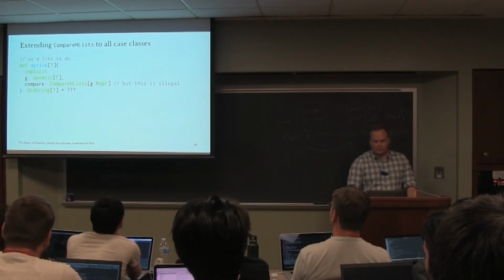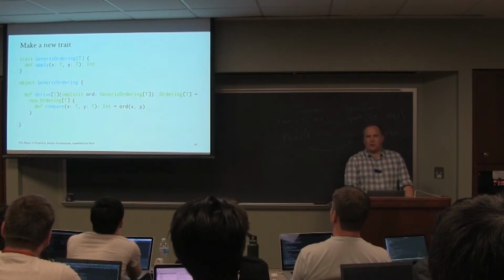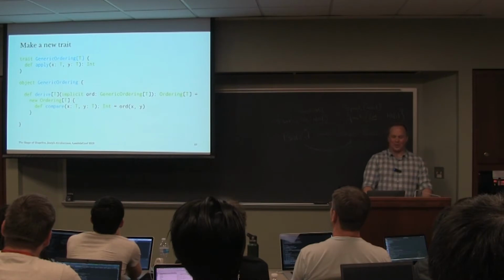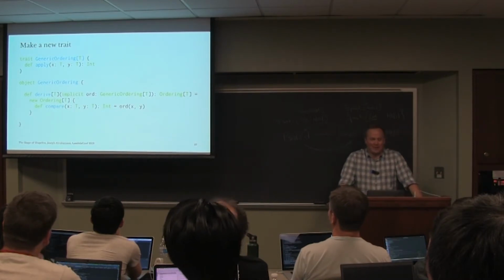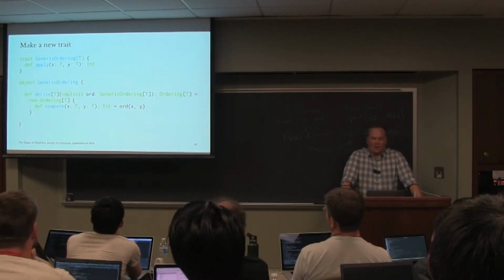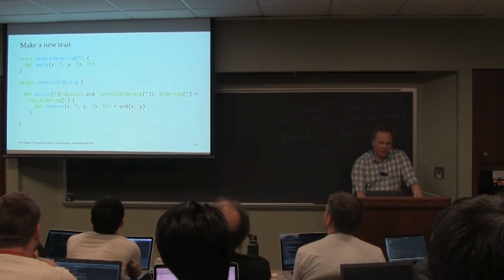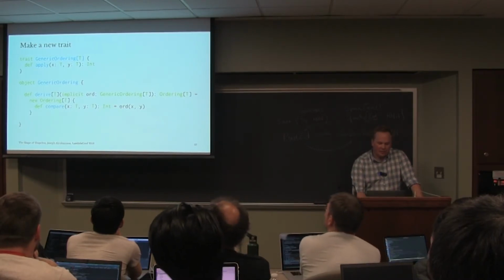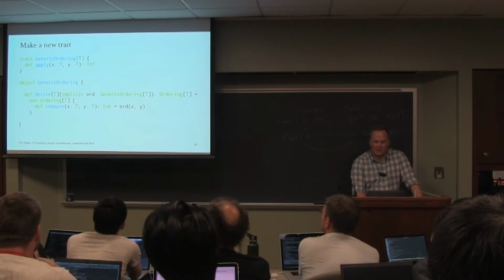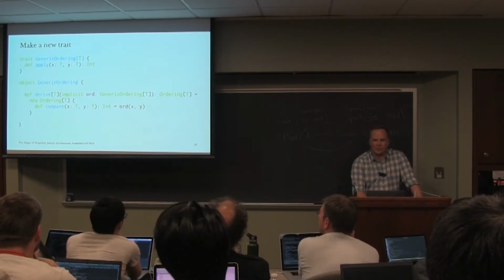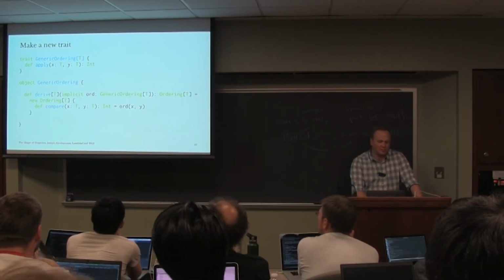But we actually have to do a couple tricks to get around the fact that this is not legal to write. And the standard trick for type level programming is make a new trait, right? So we'll make a trait. Call it generic ordering. This is the same kind of type level program we've been writing. For any type T, we can pass in two elements of that type T, x and y, and we'll get out an integer. That's what we want generic ordering to do, right?